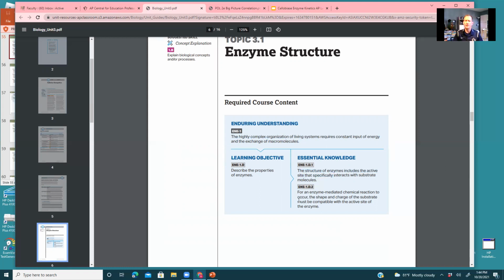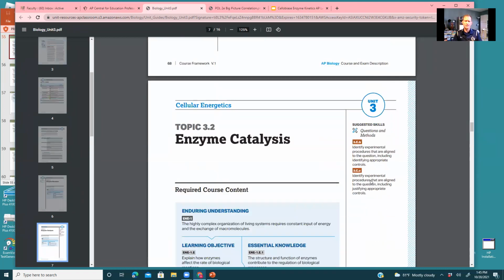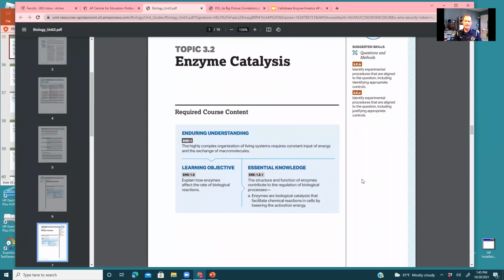For enzyme-mediated chemical reactions to occur, the shapes of the substrate and the protein itself have to coincide perfectly. So if you can think of anything that can change that, it's going to affect the function. Then catalysis, this is where we're going to get into.